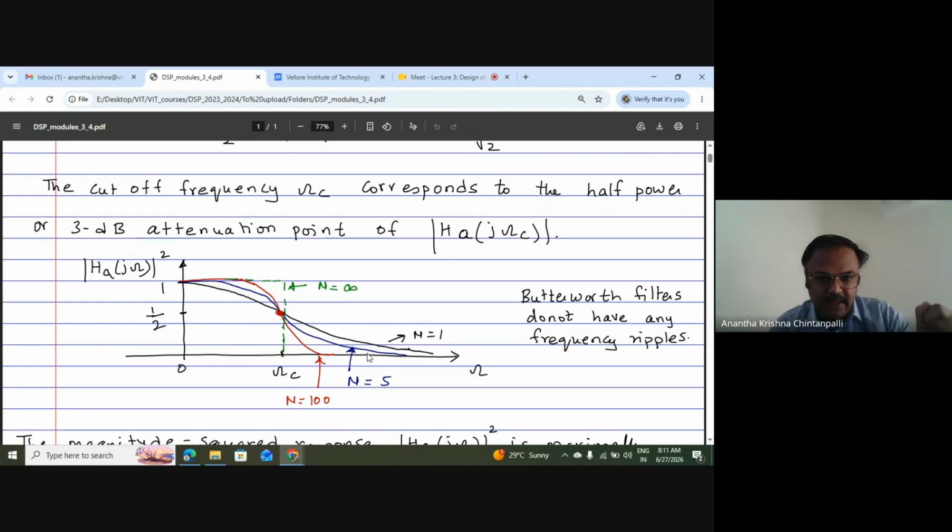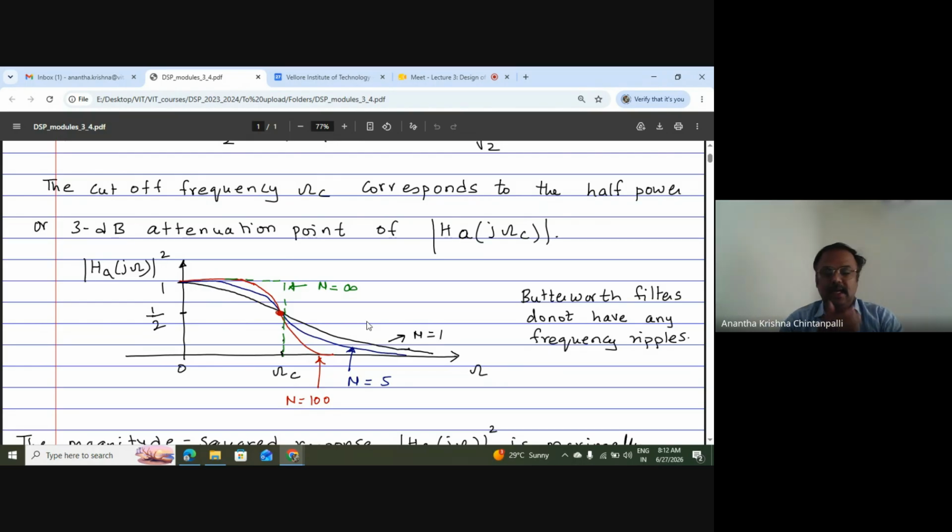As you increase the filter order, it comes closer to the ideal representation of a low pass filter. Technically speaking, when n tends to infinity, this looks like an ideal filter. So in order to get a better representation of an ideal low pass filter, we need to increase the filter order.